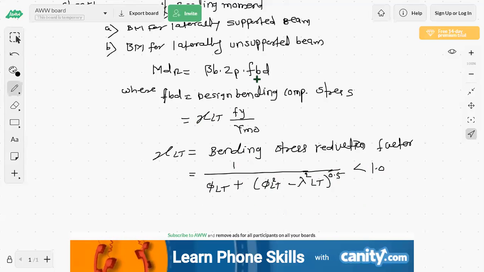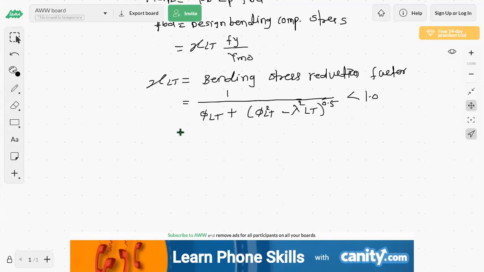So to calculate FBD, the formula is zeta LT Fy divided by gamma m naught. Here Fy and gamma m naught are known, so zeta LT is unknown. Now we have to calculate this phi LT.